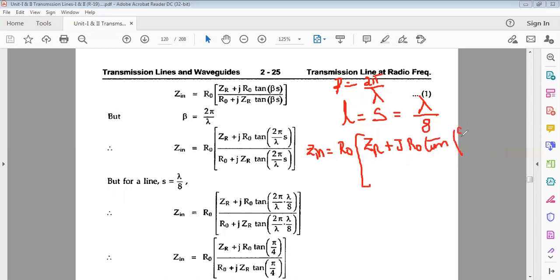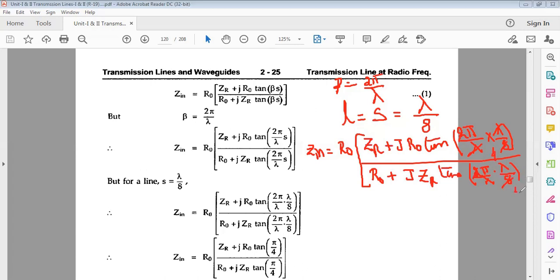What is the beta value? 2 pi by lambda, 2 pi by lambda into S or L, which is lambda by 8, and whole divided by R0 plus J into ZR tan 2 pi by lambda as the beta value. We assume the length of the transmission line is lambda by 8, an eighth wave line. Lambda gets cancelled here, and 2, 4, 8.